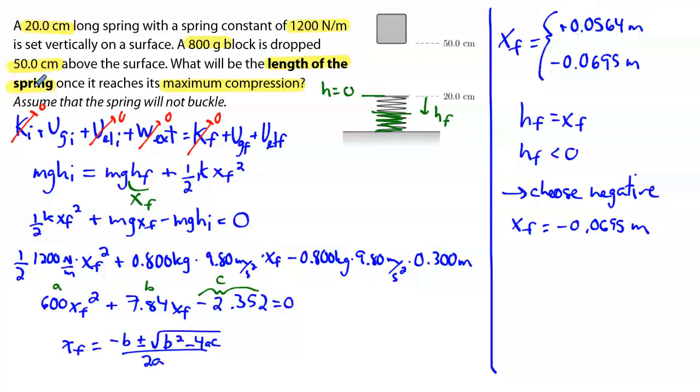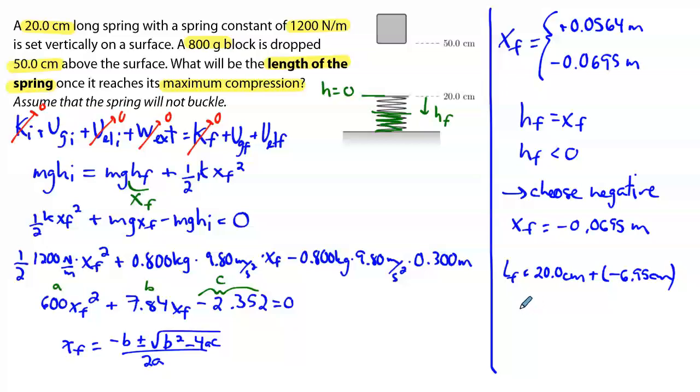The question was actually asking for the length of the spring at the end, so we have one more step to do. L final will be equal to 20 centimeters plus the compression of the spring. The compression of the spring, we have to transform into centimeters as well, so it will be plus minus 6.95 centimeters.